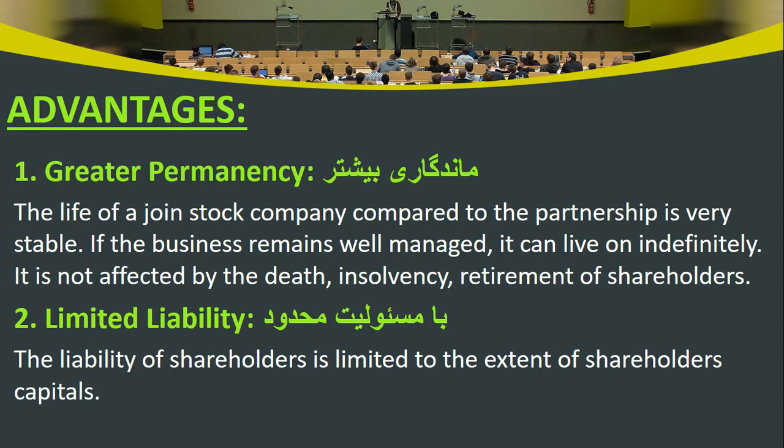The shareholders may come or go. The life of the company, like an artificial person, is least affected by these changes. That is the greater permanency of the joint stock company for sure.